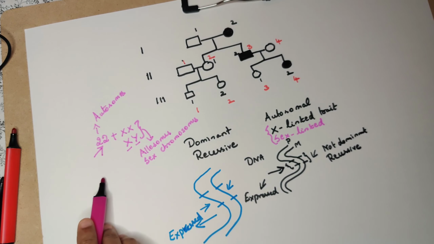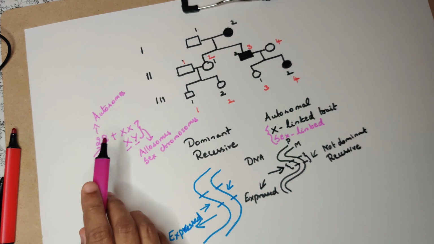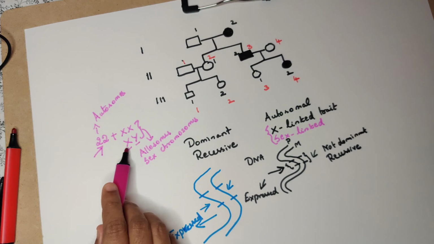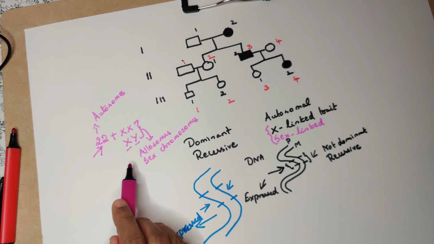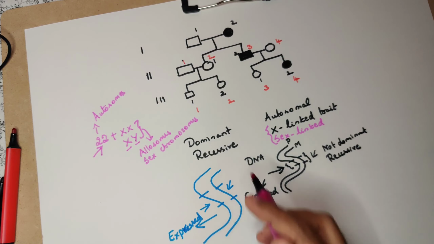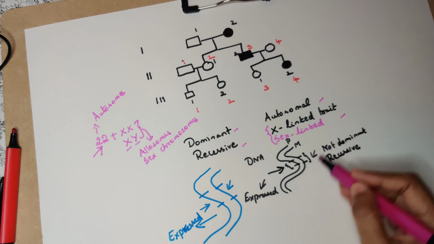And every other generation it gets passed on. When I say sex-linked or X-linked, it means that it is present on the X chromosome, and this is particular for a male or a female. So that we will be seeing along with some examples. So these are the 4 major traits we are going to study.